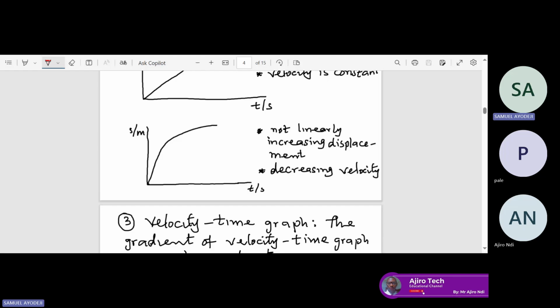And the other one, the velocity decreases. In fact, if it becomes straight after this, it decreases to zero. Are we together? Yes, sir. Okay, fine.